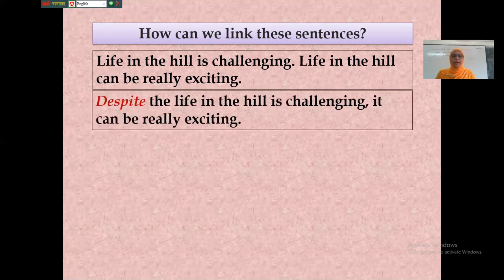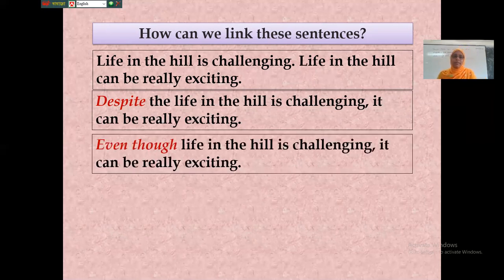In this answer: Despite life in the hills being challenging, it can be really exciting. That means, despite the hilly life being very challenging, it can be really exciting, which gives us a lot of joy. There is another answer: Even though life in the hills is challenging, it can be really exciting.